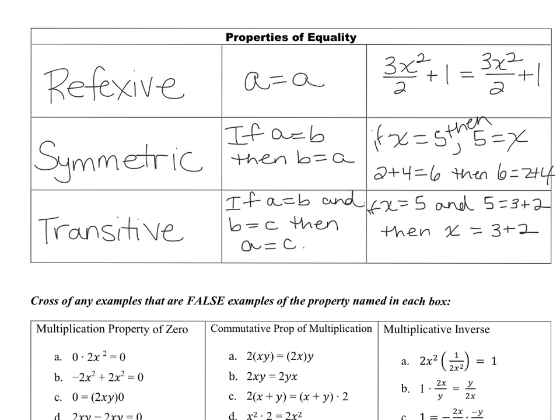Now, the way that I remember the transitive property is it has the word transit in it. And I think of transit stations or train stations, and trains are really long. This property is saying if this happens and this happens, then this happens. And then I remember the symmetric property because I think about shapes that are symmetric. So side note, if I draw a diamond, that's perfectly symmetrical.